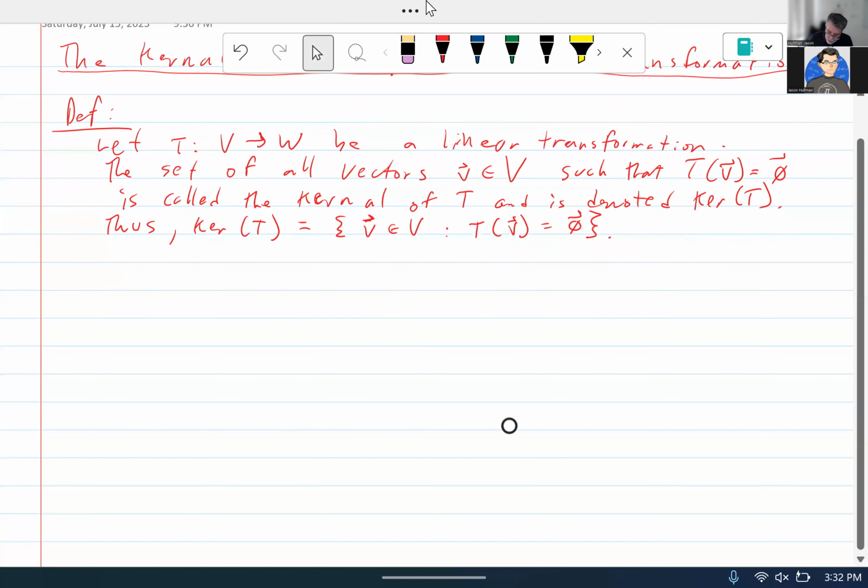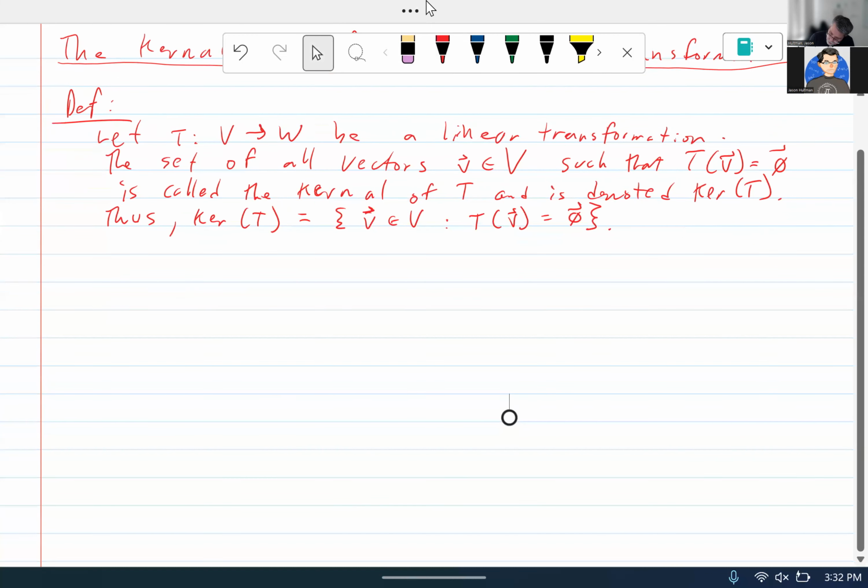Okay, that's the first definition. This is what's going to transform and go to 0.